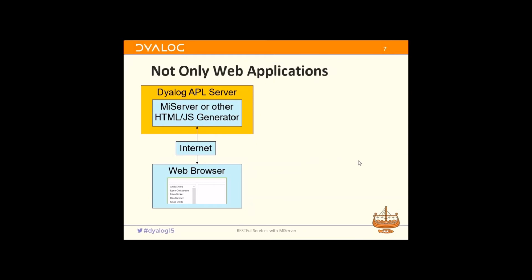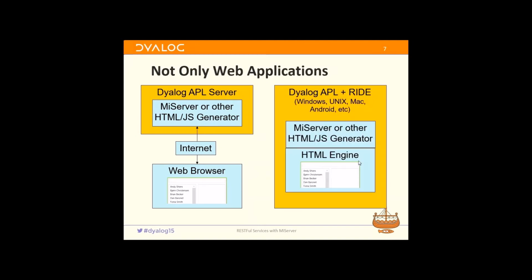What we think is a likely way to build applications in the future is that you might jam all of that stuff together on a single machine, which could be Windows, Unix, Mac, Android, Universal Windows, iPhone even. And instead of having the internet in between here, you have an HTML rendering engine that you can just load as a DLL or something like that.